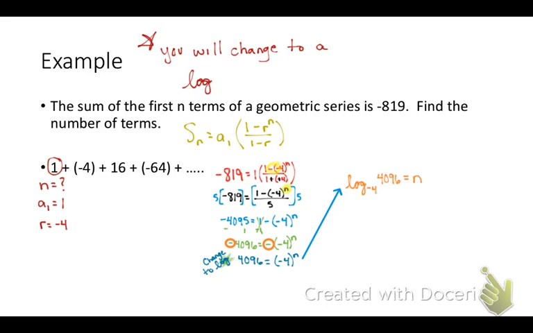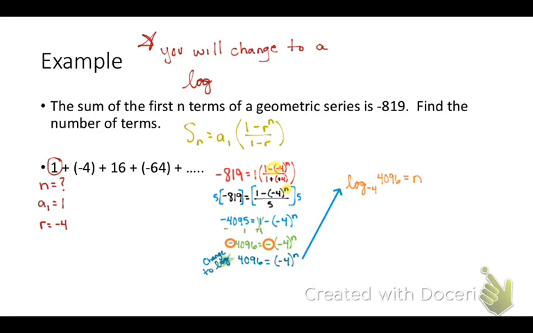Now, from there, if I type in log base negative 4 of 4,096, what happens? I get an error. Okay, because it's a negative base, right? Calculator doesn't see it as a negative base. But we know that it's going to be a positive number, right?